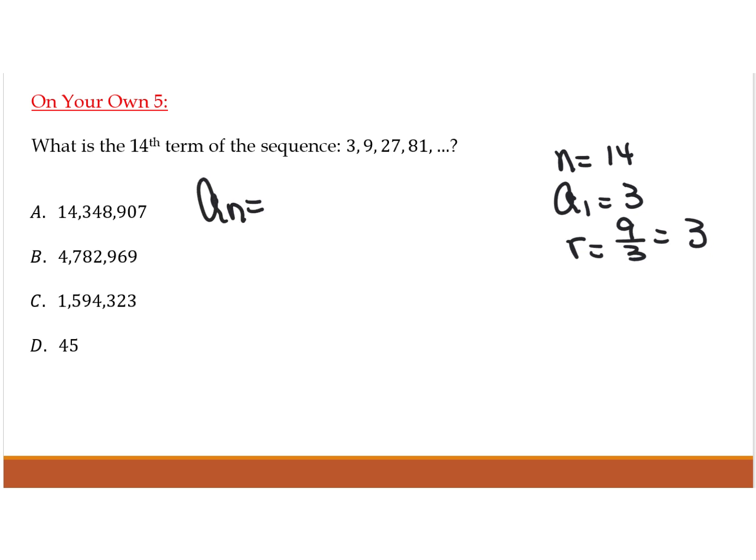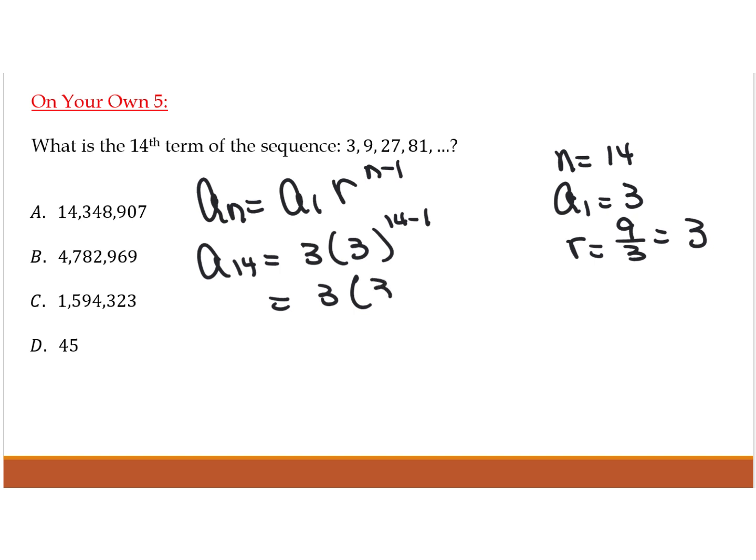A sub n is equal to a sub 1 times r to the n minus 1 power. N is 14, so I have a sub 14, which means I'm finding the 14th term, is equal to a sub 1, which is 3, times r, and remember that r goes into parentheses, to the 14 minus 1 power. So I have 3 times 3 to the 13th power.